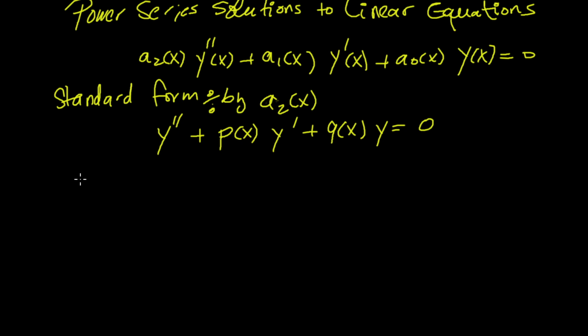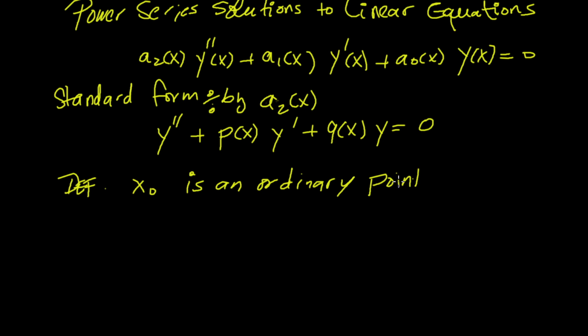So we say, let's say, a definition, but abbreviated in a way. We say x naught is an ordinary point, which I'll write as pt later, if both p and q are analytic at x naught.